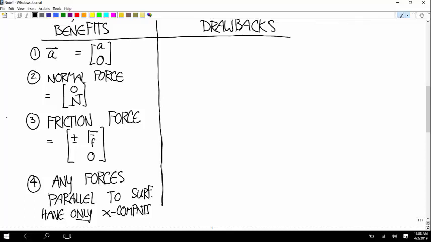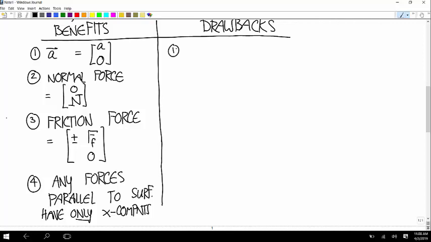All right, there's one drawback. We have all these benefits, and there is one thing that makes it more complicated, but even if you don't have friction, you can see the benefits are heavily leaning towards this being a good idea.